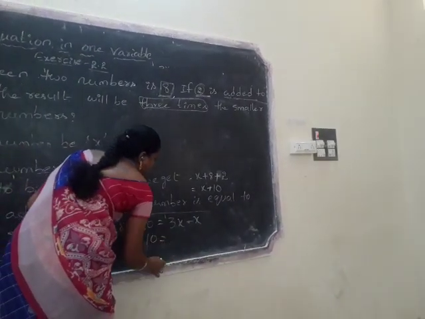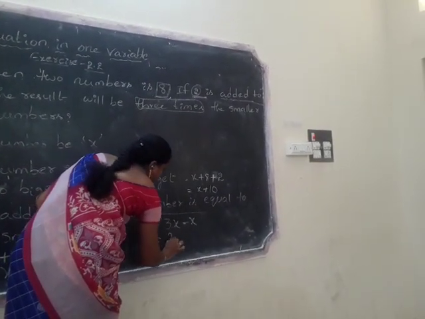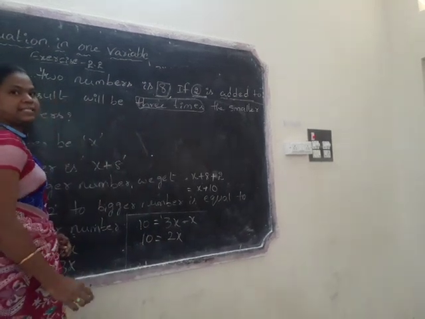Here 10. We get x subtracted from 3x, we get 2x.